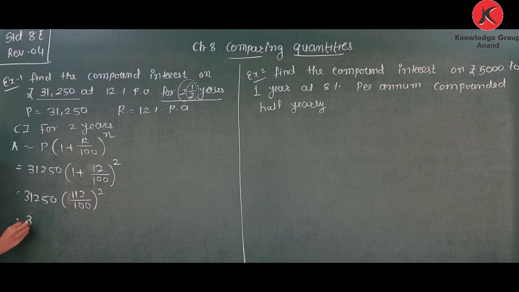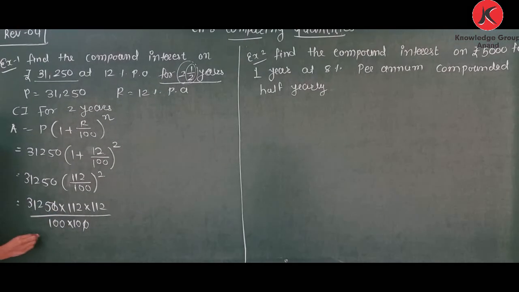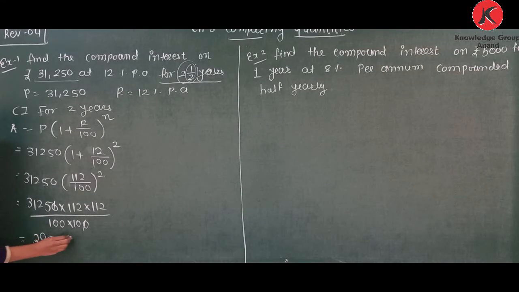Now it is 31250 multiplied by 112 multiplied by 112, divided by 100 multiplied by 100. Multiply this, you will get 39200.